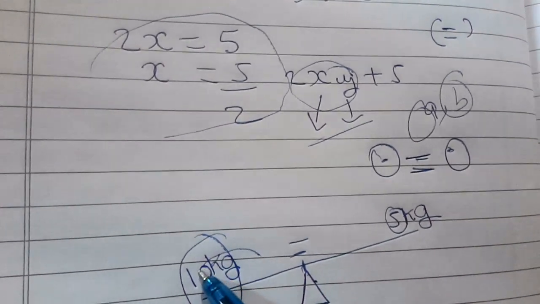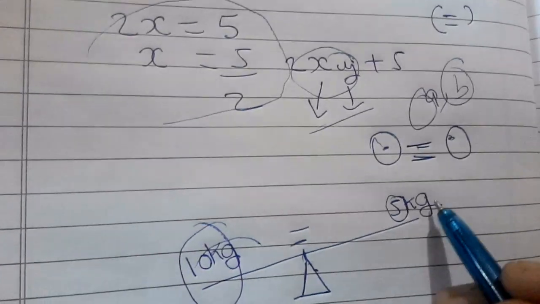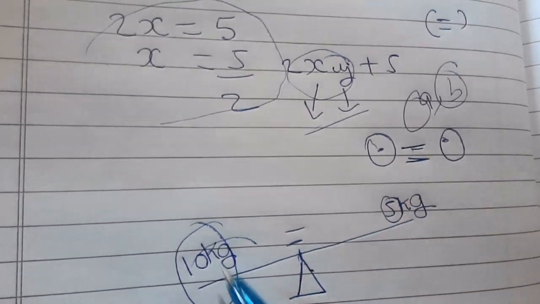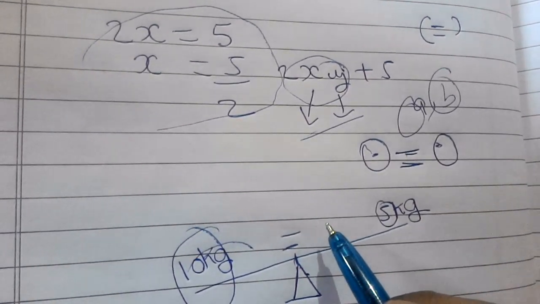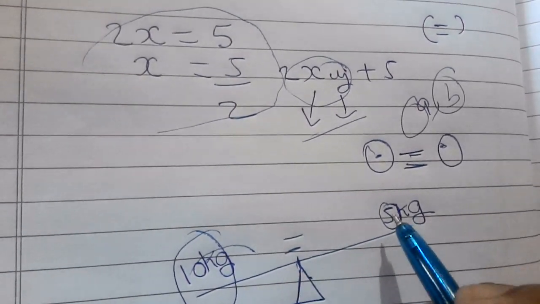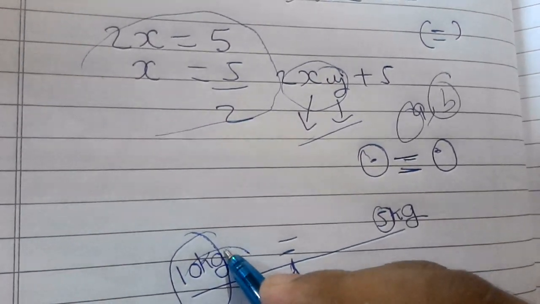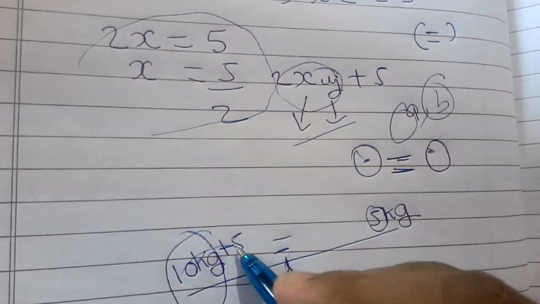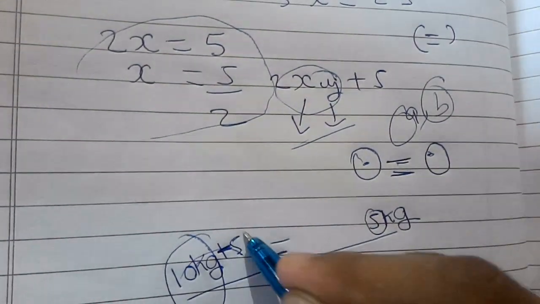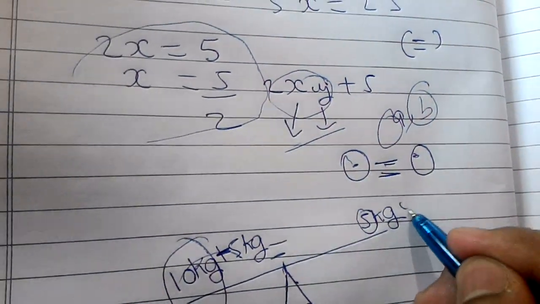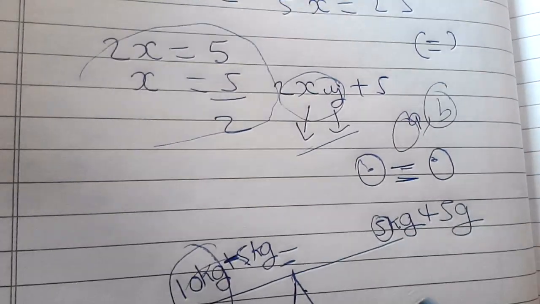So this 10 kg is down and this 5 kg is up because it is lighter and the other is heavier. So for equaling 10 kg and 5 kg, we can subtract 5 kg from it, or else we can add 5 kg to this. We can do these two things.